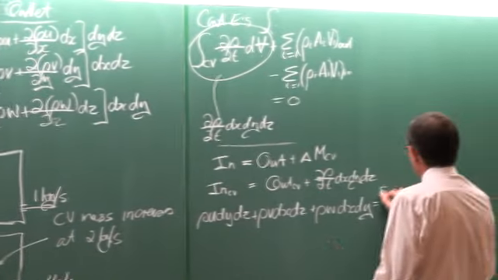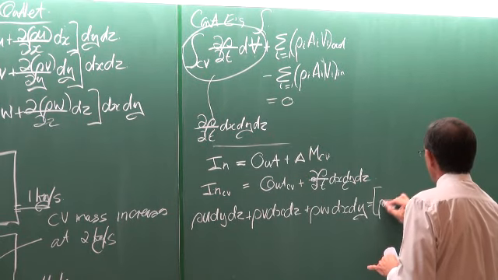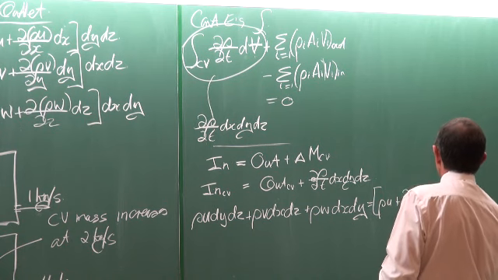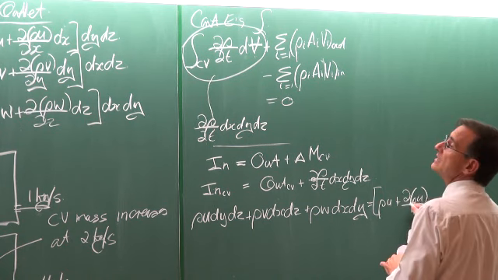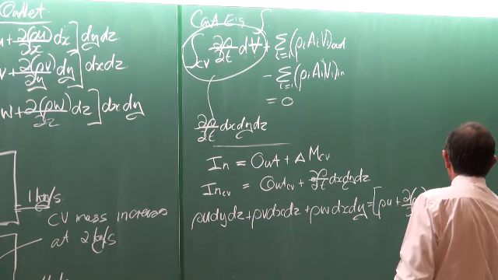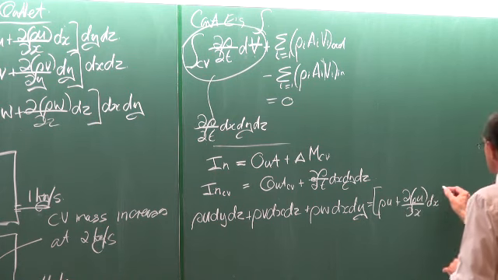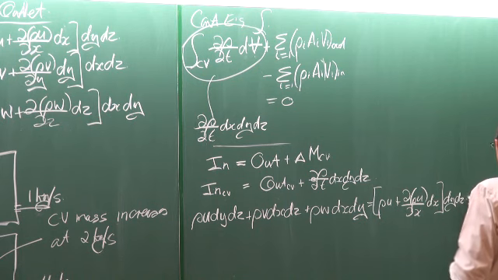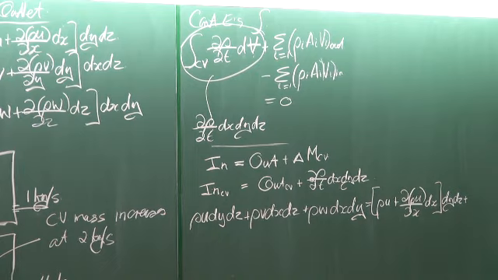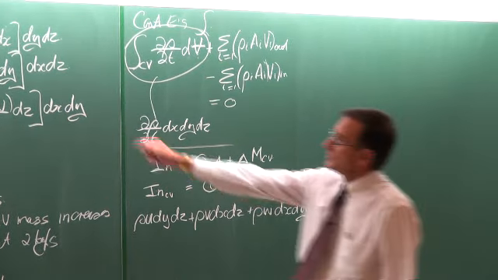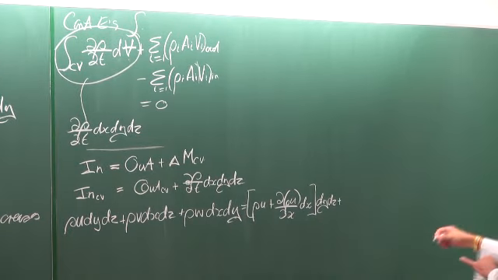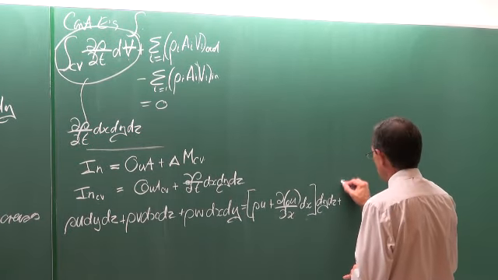Okay, so let's take the first one: rho multiplied by u plus partial d rho u dx multiplied by dx, multiplied by dy dz. I've written down now the first term, that one there. Now I also need to get in the other two. So let me try my best.